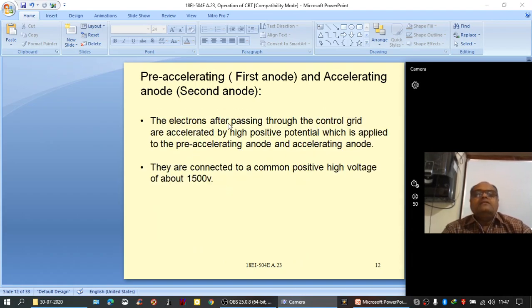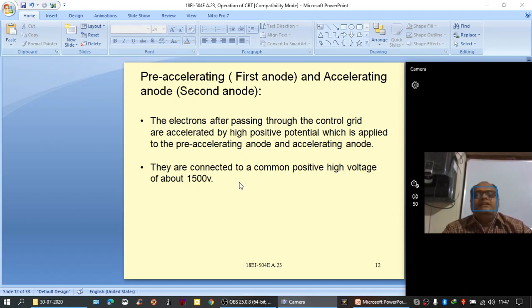The electrons, after passing through the control grid, are accelerated by a high positive potential which is applied by the pre-accelerating anode and accelerating anode.